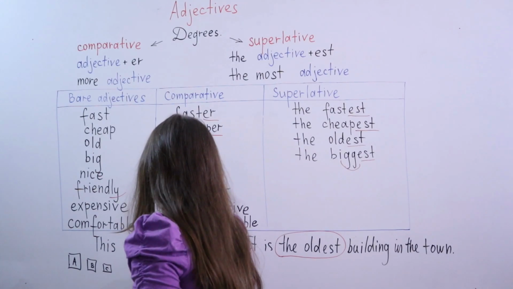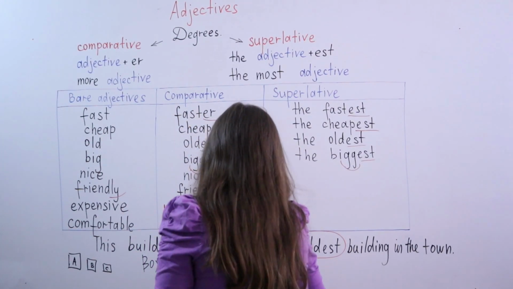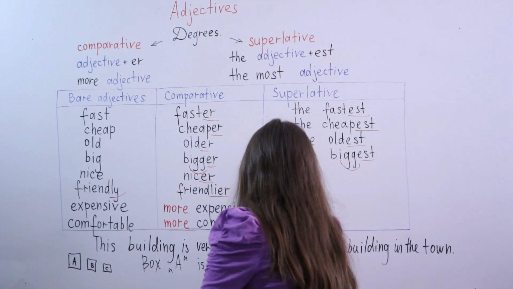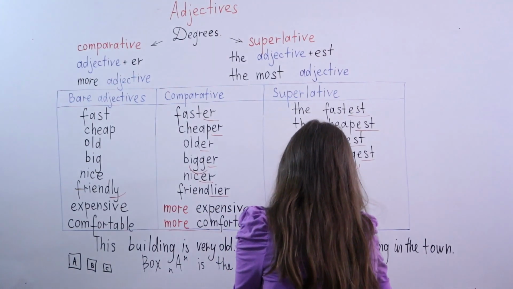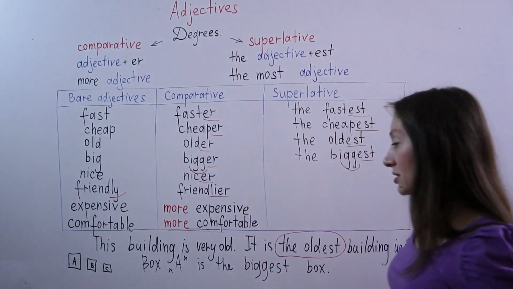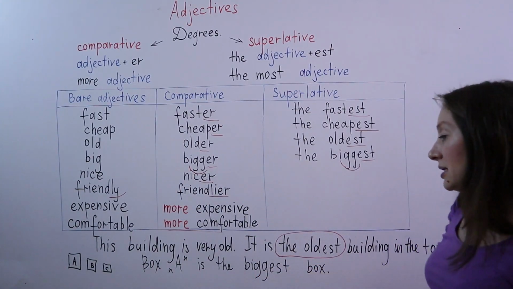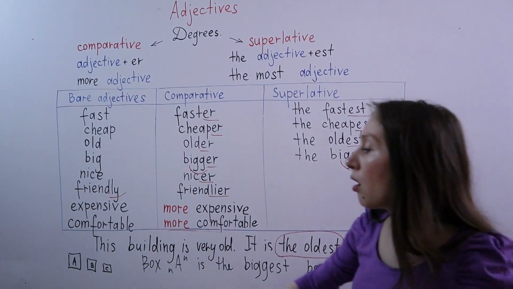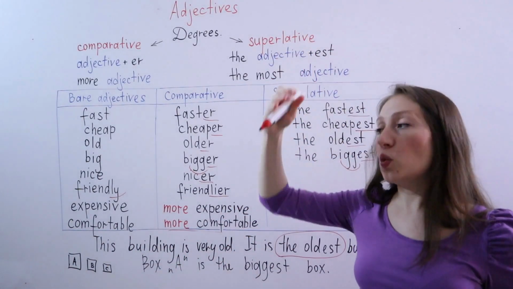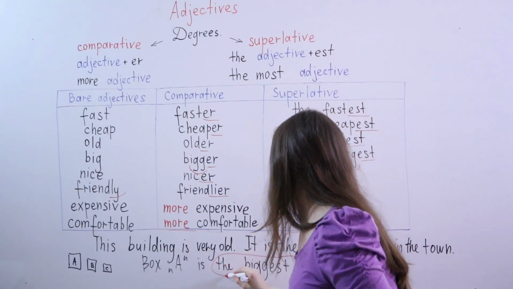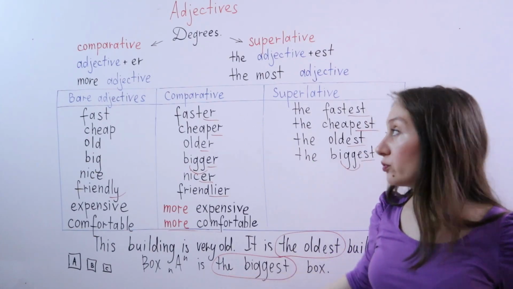Box A is the biggest. You can say the biggest box. Box A is the biggest box. The same rule, double G-E-S-T. So from all of them, you chose just one, the biggest one. All right, you don't forget about definite article the, all right?